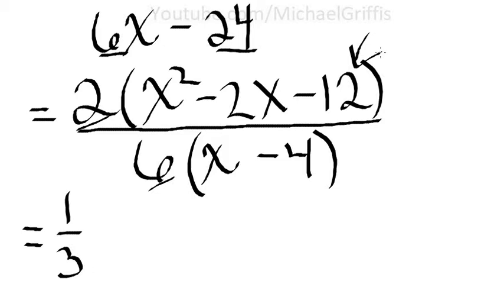Two numbers multiplied together gives us negative 12. When we add them, we get negative 2. So it wouldn't be 3 and 4. Let's see, what else? 3 and 4. 6 and 2. No. 3 and 4 gives us 12.